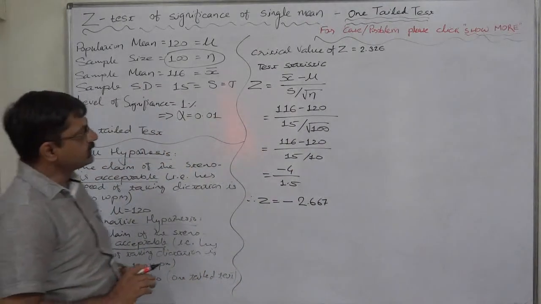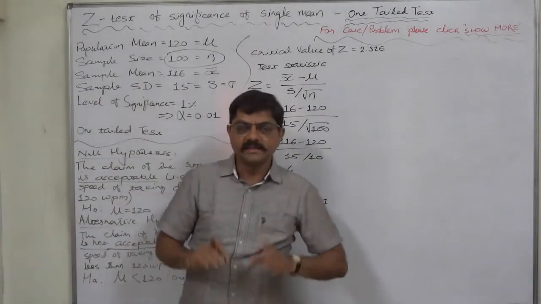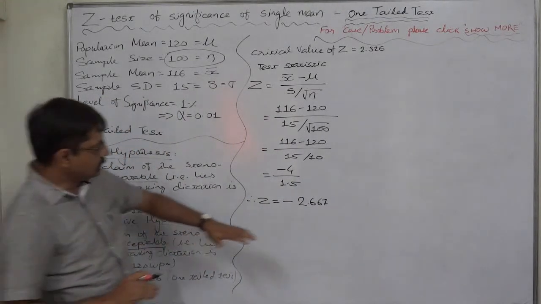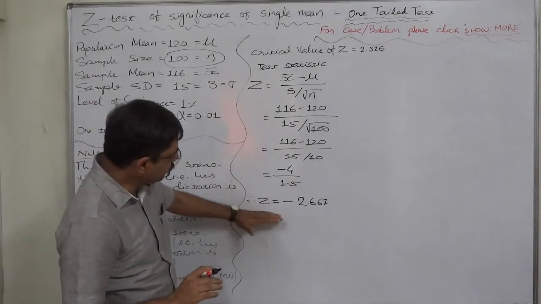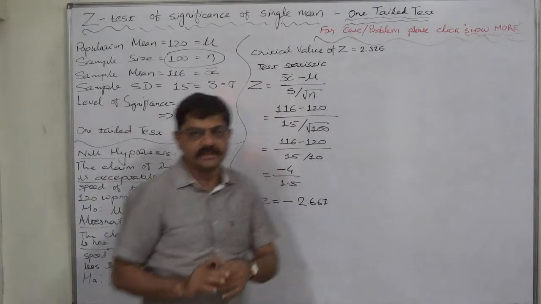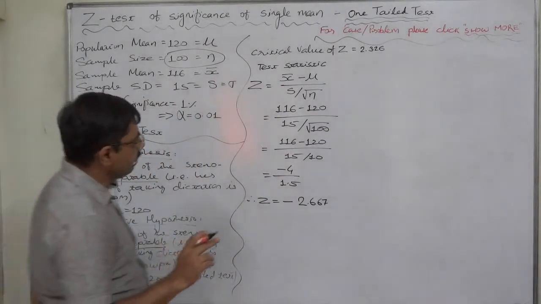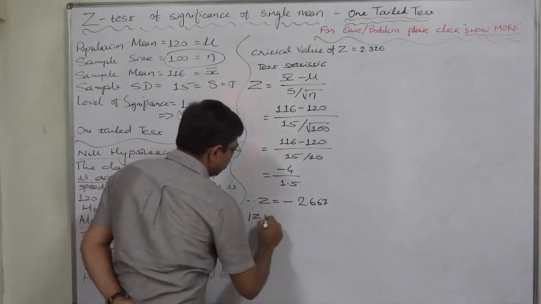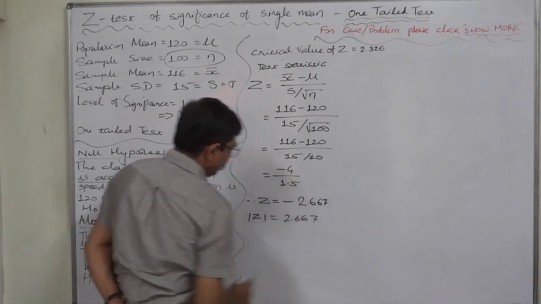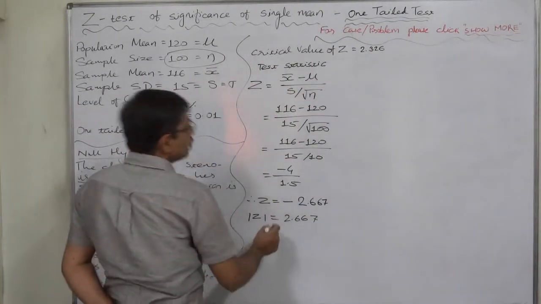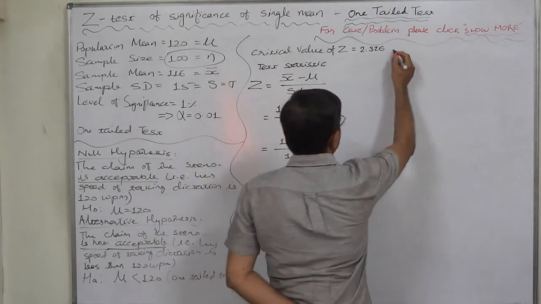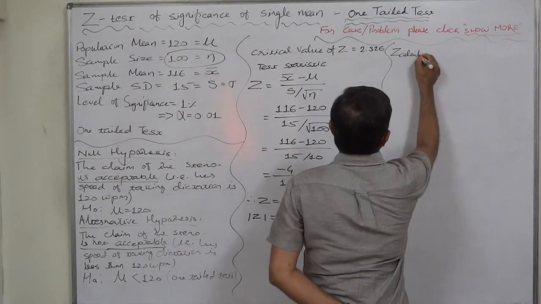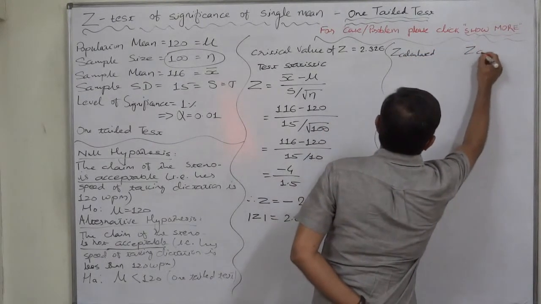As I had told in the previous lecture, as a student and as a teacher, I prefer to use the method of comparison of calculated value and critical value of the test statistic. And I had always advised my students to use the sign of modulus. So modulus Z equals 2.667. Now critical value is 2.326. So let's compare Z calculated and Z critical.